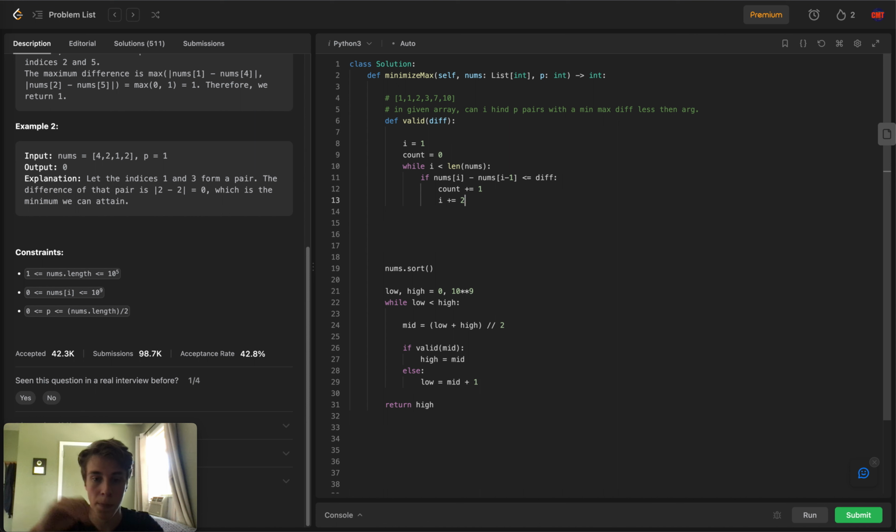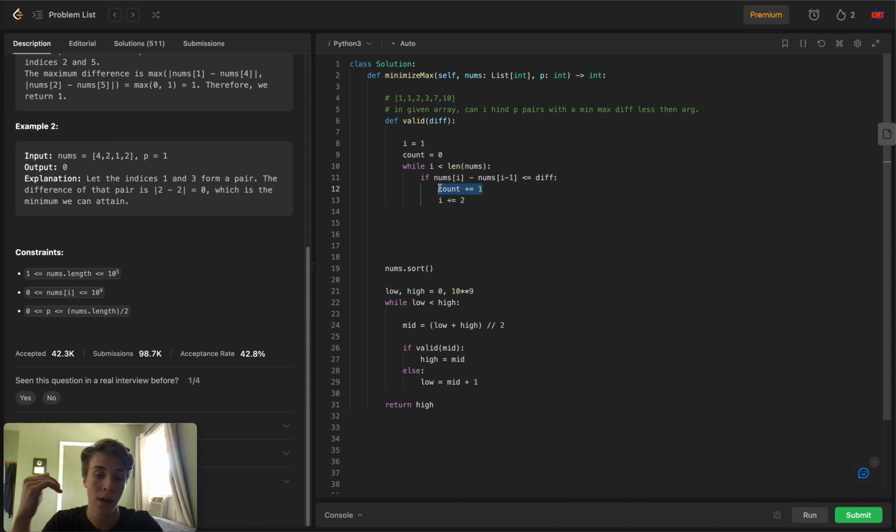What am I doing here? The answer that we're considering right now is diff. That means that we are looking at a min-max difference that is at most diff. So if we're going to consider a pair in the sorted array, it has to be smaller or equal to diff. And that's exactly what I'm doing here.